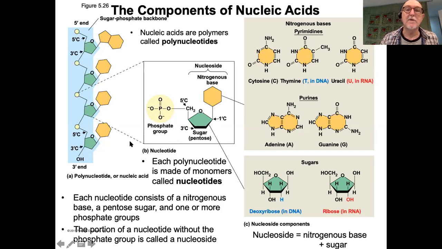We're going to join, there's the sugar, there's a phosphate, there's a sugar, there's a phosphate, there's a sugar, there's a phosphate. So what we've done is we've made, in this molecule, a long chain with this sugar phosphate backbone. In DNA, it's important to note that that backbone, sugar phosphate, sugar phosphate, is very, very strong.